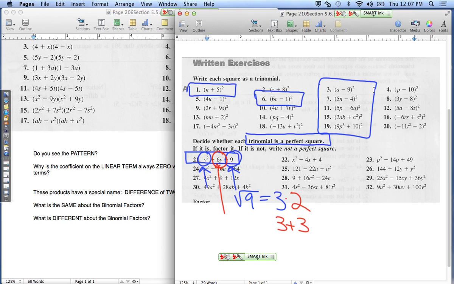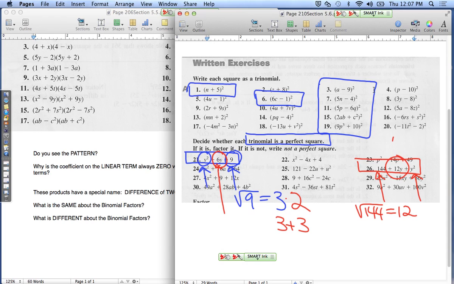Not all of the problems in the problem set are perfect square trinomials. Let's look at number 26, for example. I have a squared term in my quadratic, so that is a perfect square. 144 is also a perfect square. 144 is 12 times 12, so the square root would be 12.